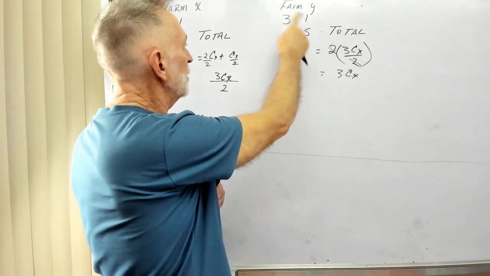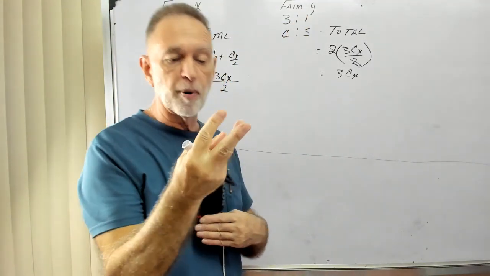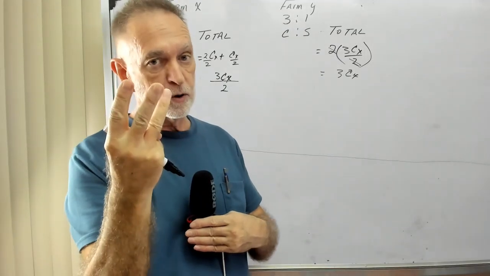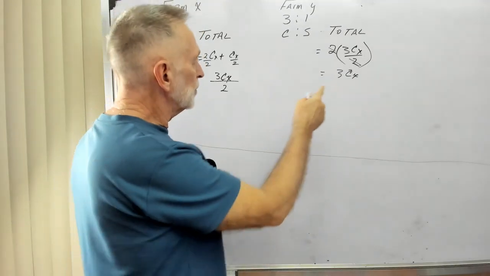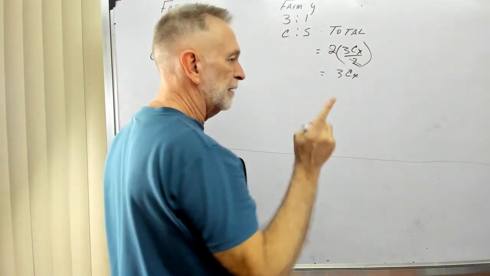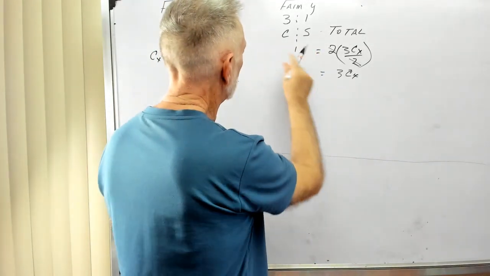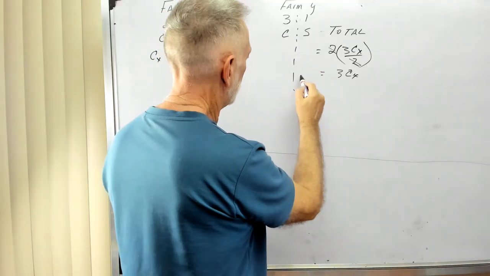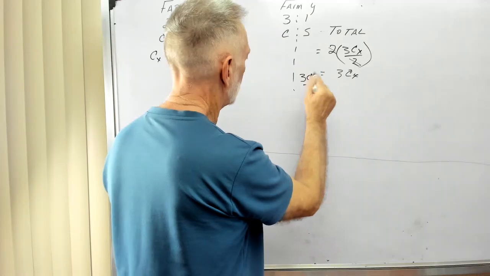Now, the cows and sheep are in a ratio of 3 to 1, so there's 4 parts, right? 3 of those parts are cows, 1 part is sheep. So if I take my total and divide it by 4, that gives me 1 part. So the number of sheep would be 3C sub X divided by 4.